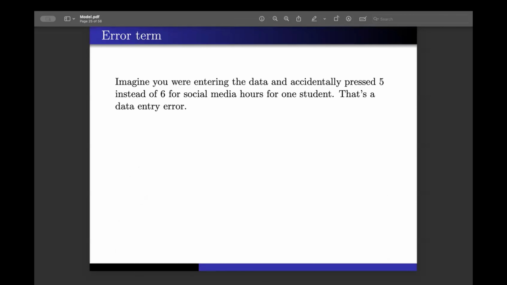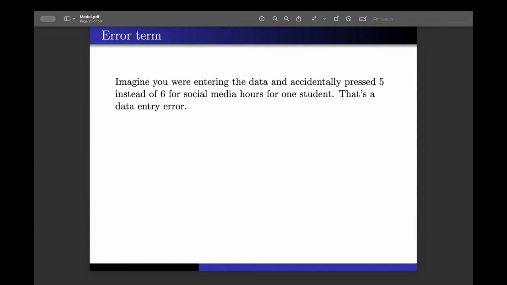There are other ways also how we can understand this error term. Imagine you are trying to collect the data for the exam score of a student, number of hours they studied, number of hours they spent using social media, all these things. And when you were entering the data on your system, accidentally you press 5 instead of 6 for some random variable.